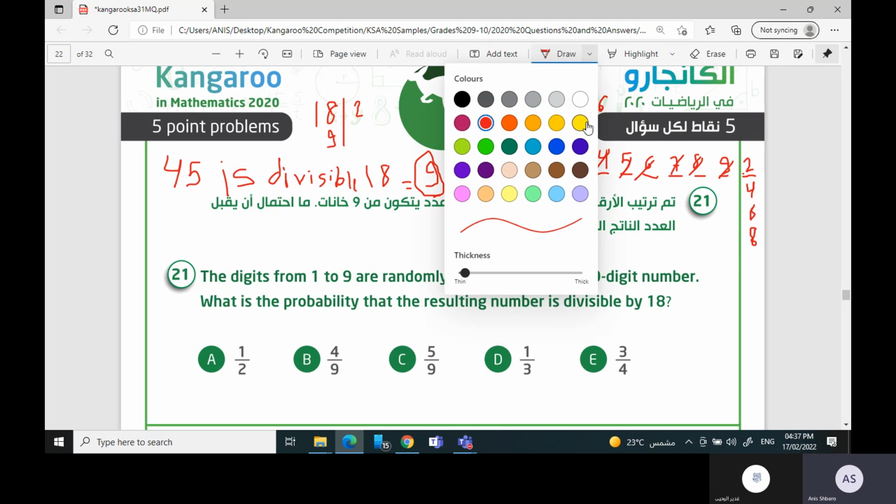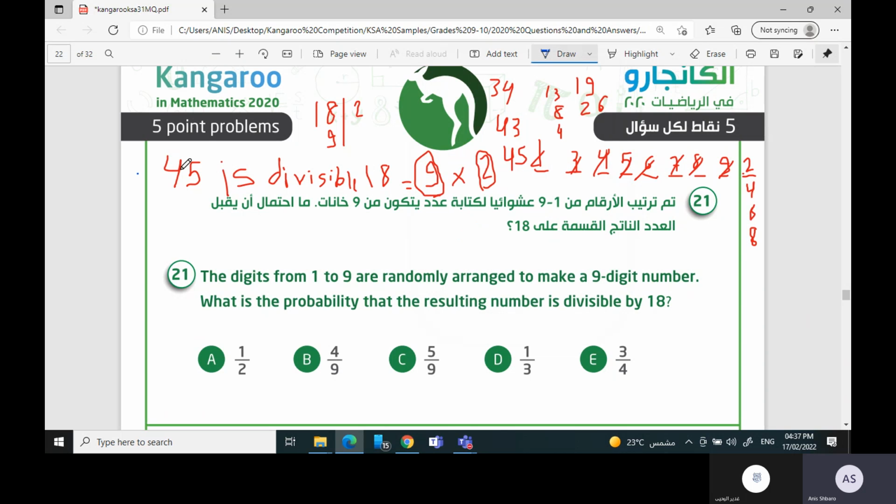So let me change the color. And yes, we're going to continue. So 45 is divisible, and I need it to start with an even number. So in all cases, it's divisible by 9, but not all cases cover the case of 2.